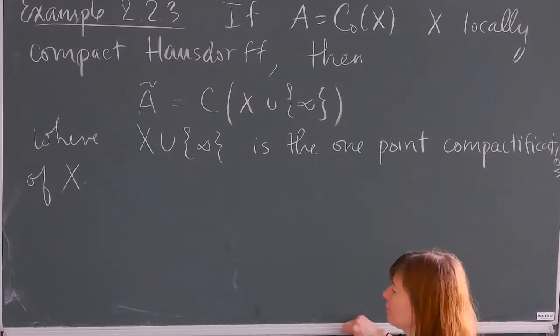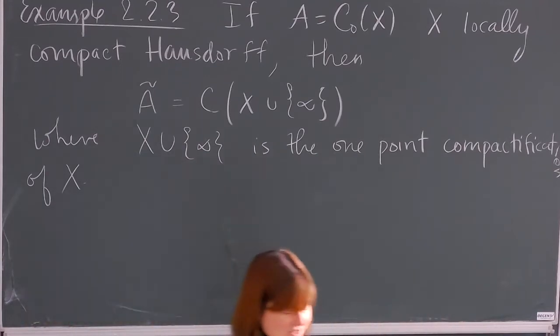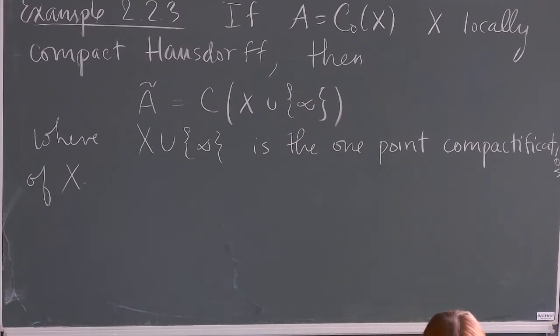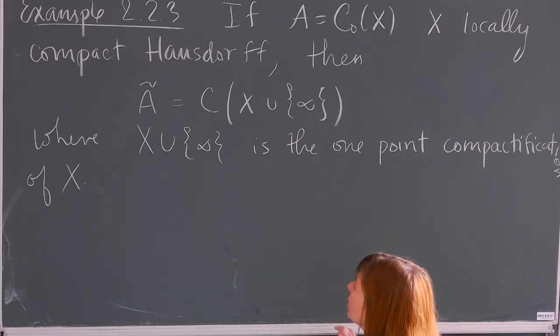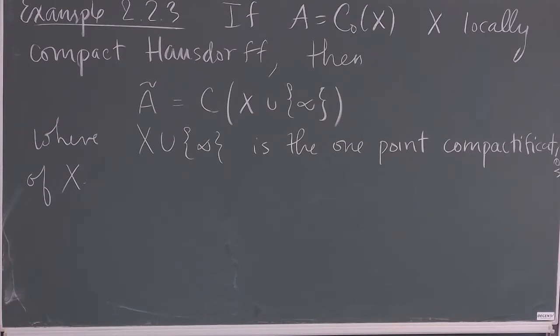Why is this useful? Because again, just like we could for Banach algebras, we can often reduce proofs about general C-star algebras to ones that are unital. So, okay, the question for those in cyberspace was, if A is already unital, should we assume that A is equal to A tilde?